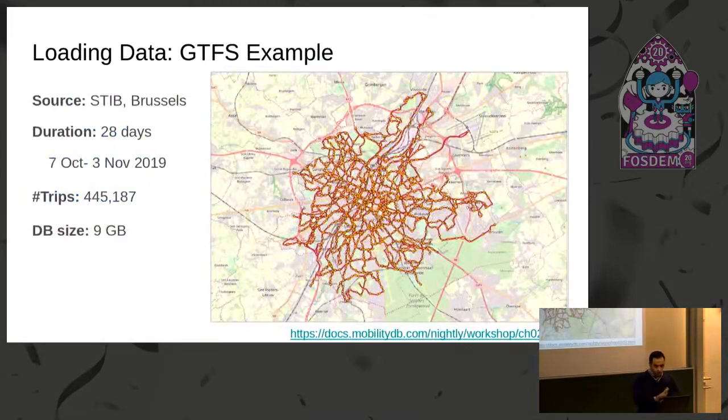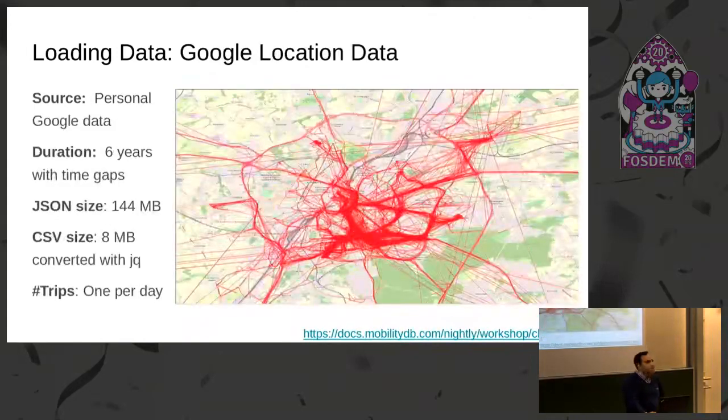You can also use other formats, like GTFS for public transport schedules, and there is a tutorial about this on the GitHub of MobilityDB that shows step by step how to create trajectories from GTFS. Or Google location data, if you download your own track and start playing with it.